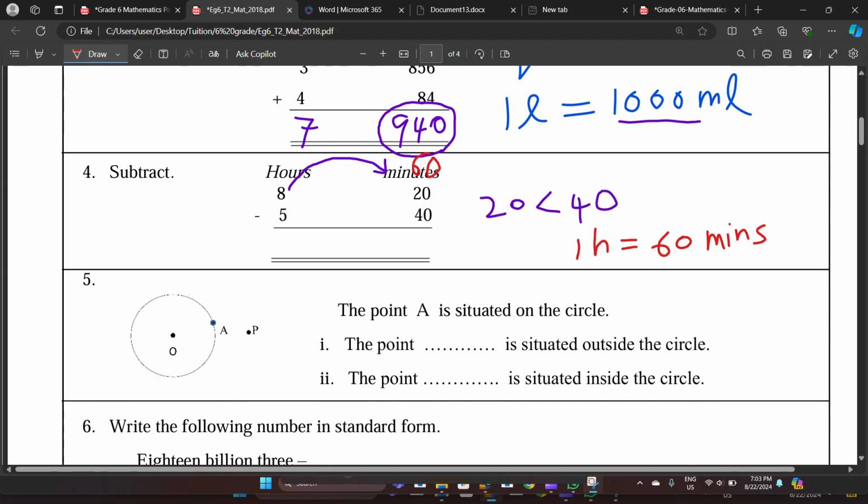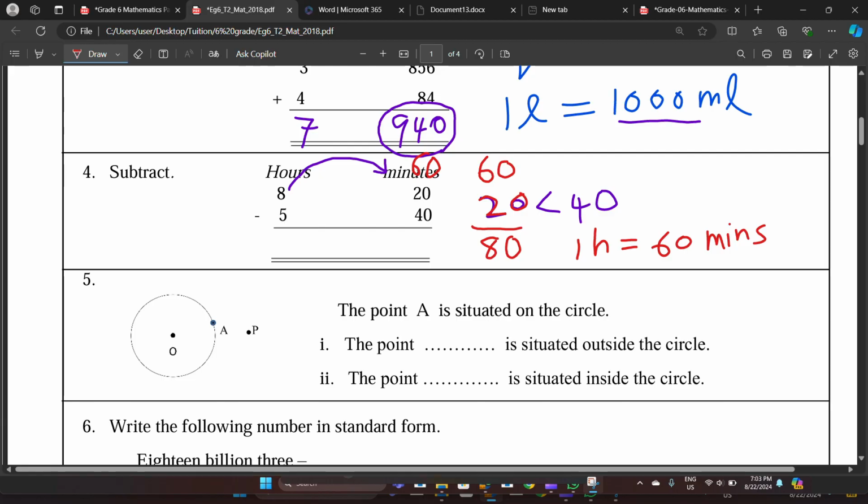We already had 20 minutes earlier, and we brought 1 hour, which means 60 minutes. Adding up these 20 and 60 minutes together, we now have 80 minutes in total.